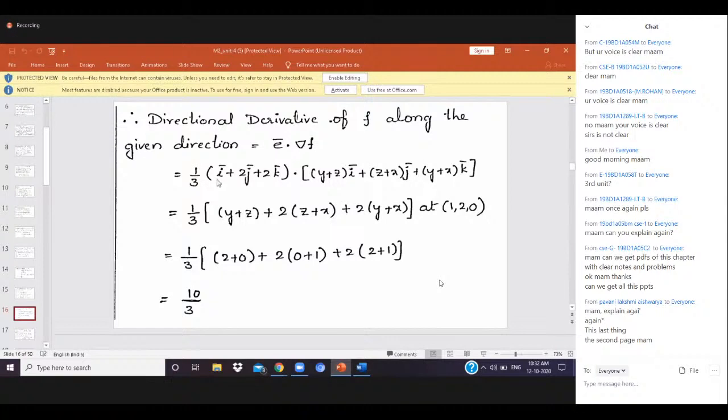So 1 by 3 is outside, keeping it like that. But the point is also given, and we need to calculate this value at that point. So at the point 1 comma 2 comma 0, substituting x equals 1, y equals 2, z equals 0, after simplifying we get 10 by 3. That is the directional derivative. Is it clear?